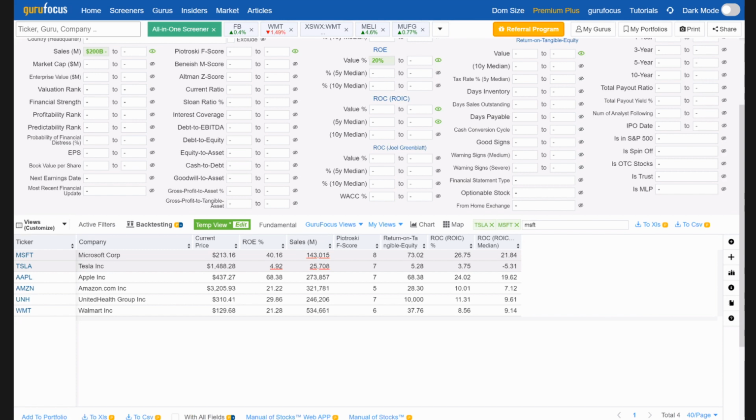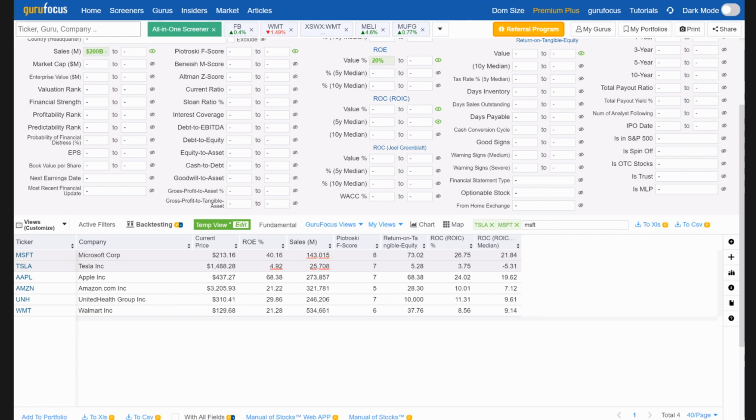Currently we only support ranking by current values, but that's something we're working on. We will allow customized ranking, so the combination of different parameters can be ranked together. That's in development for the next stage.